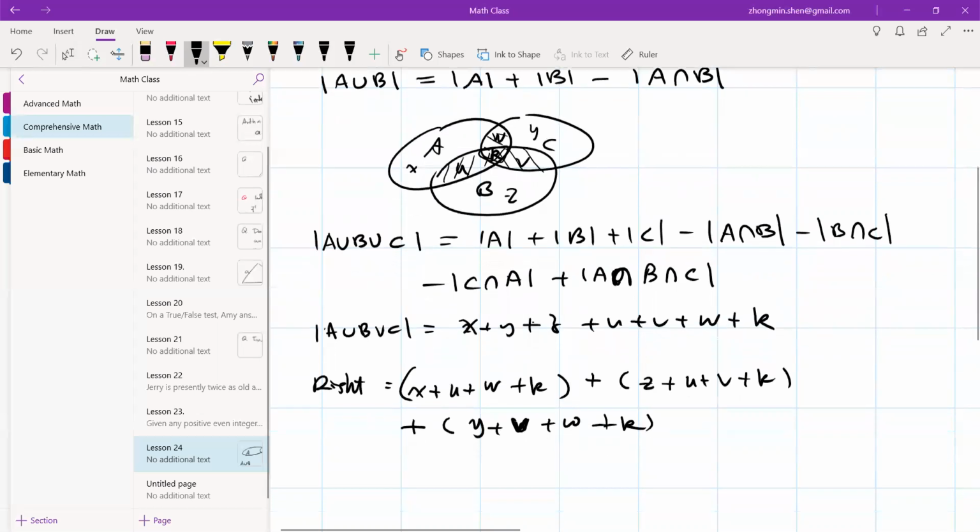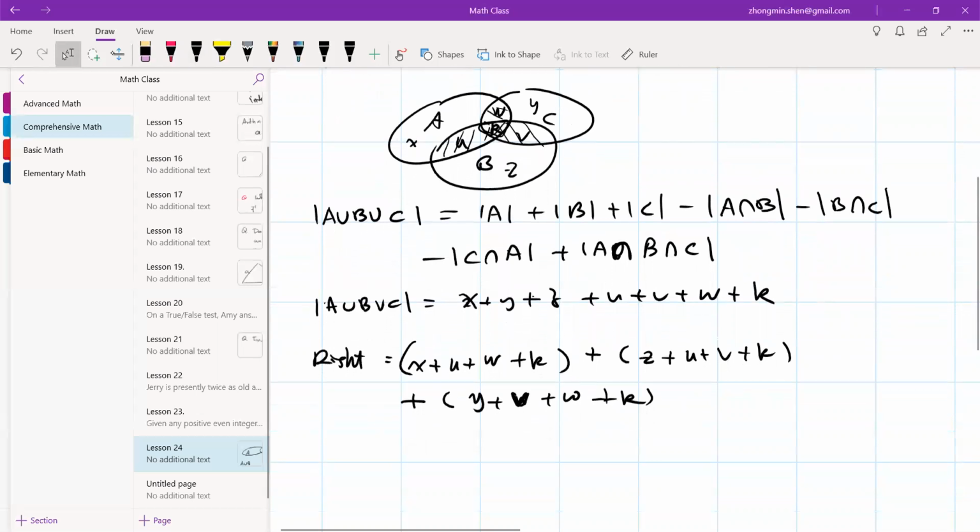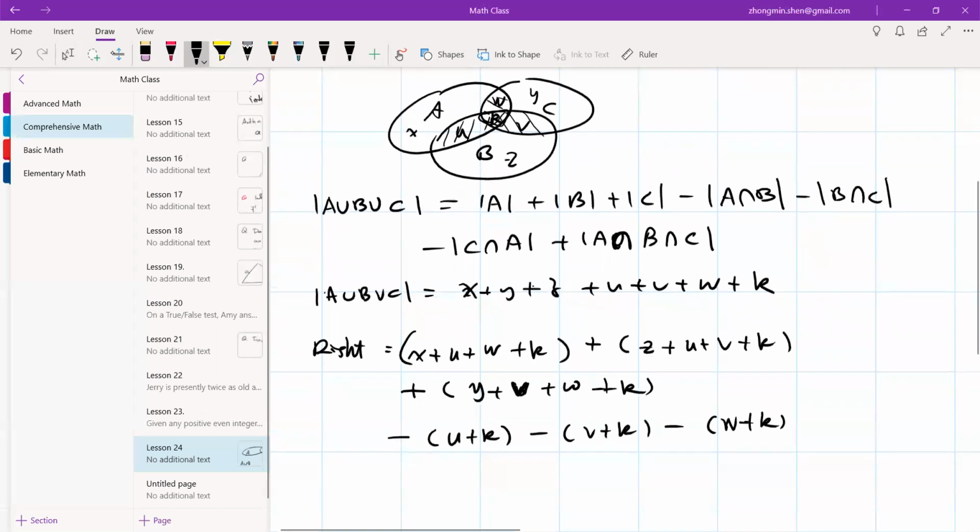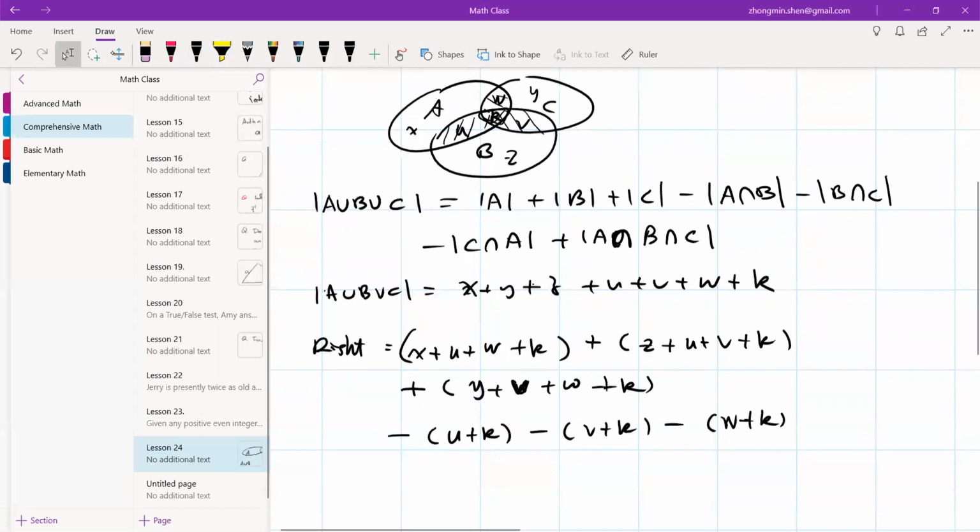So when you add them, of course, you will see that you have U there twice, V there twice, W there twice, so you have to subtract the intersections. Intersection of A and B is U plus K. Intersection of B and C is V plus K. The intersection of C and A is W plus K. Then you delete one W, one U, one V. Unfortunately, if you do it like that, there will be 3K subtracted, so all the K is gone.